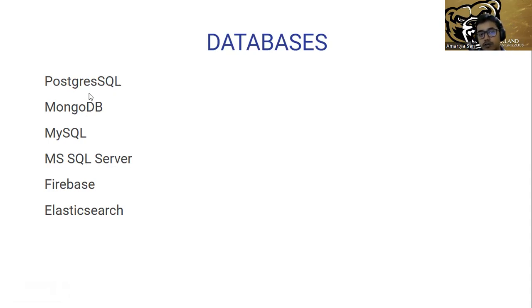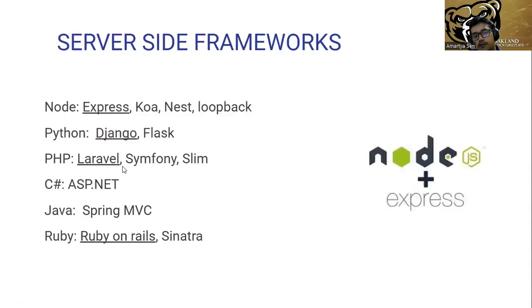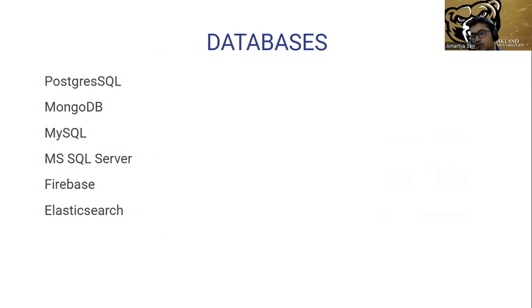You can also use Postgres if you want, right? So you can just make a list of it. If you are ever interested in pursuing this domain after you have finished this course, then these are some of the options to make that logical jump and try these technologies out, okay?